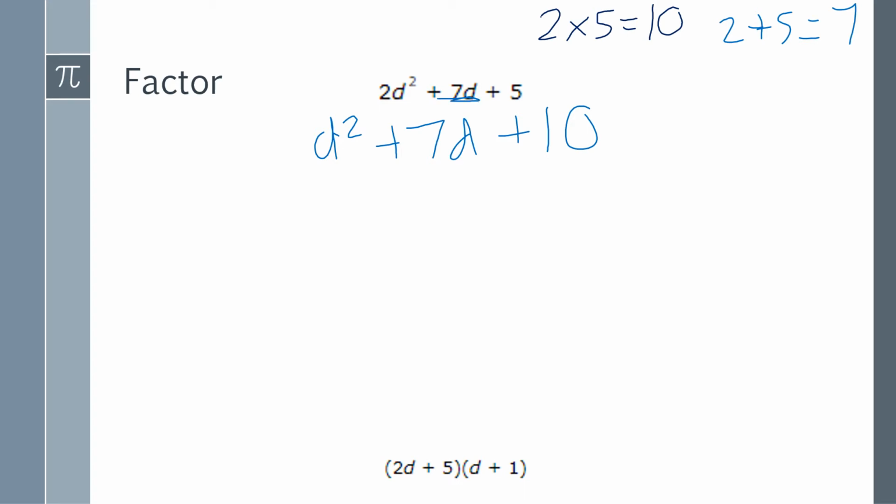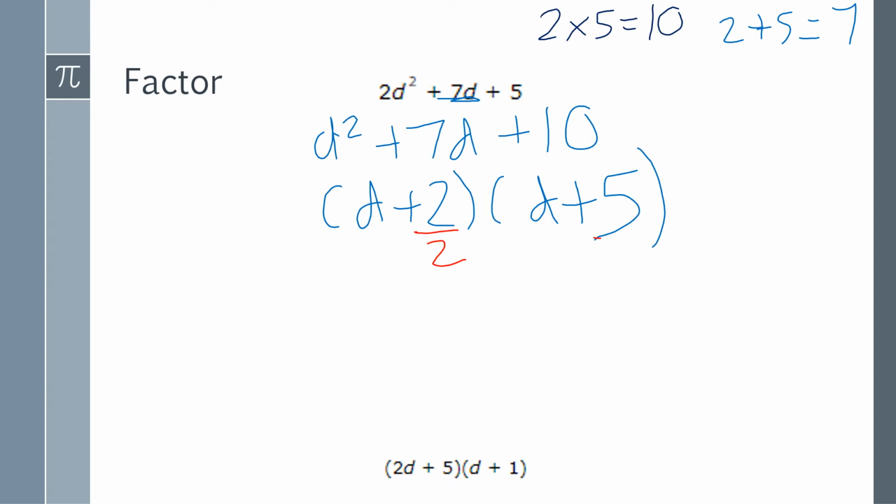All right? So let's do it. So we get d plus 2, d plus 5. All right? We're not quite done yet, because now the 2 that we had in front originally, you put right here. 2 divided by 2 is what?